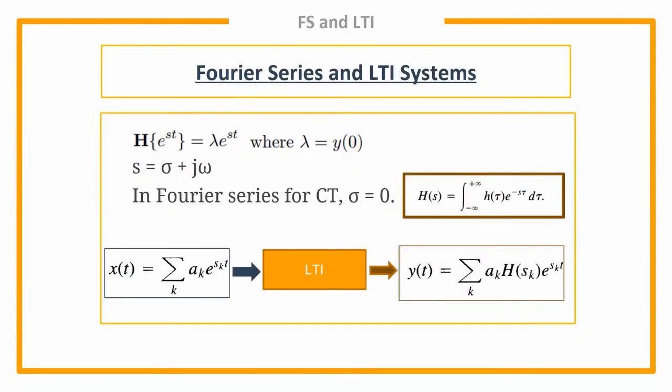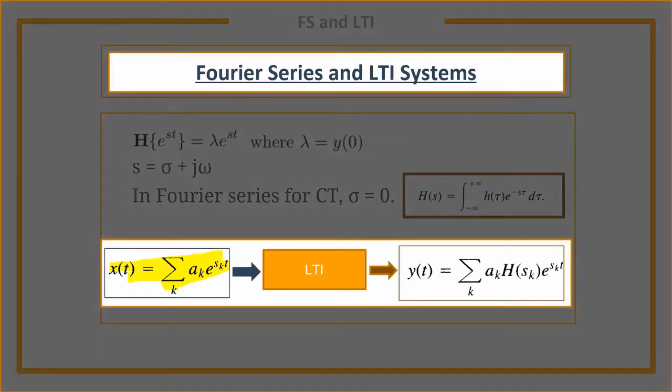We know that any signal x of t can be represented using this equation, and now when we give this to an LTI system, we get an output given by this equation. And for s equals j omega, we get the Fourier series.